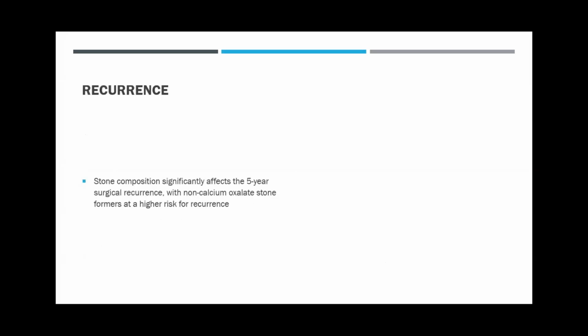And also there is a percentage of recurrence even after clearing the stone. Stone composition significantly affects the 5-year surgical recurrence, with non-calcium oxalate stone forms at a higher risk of recurrence.